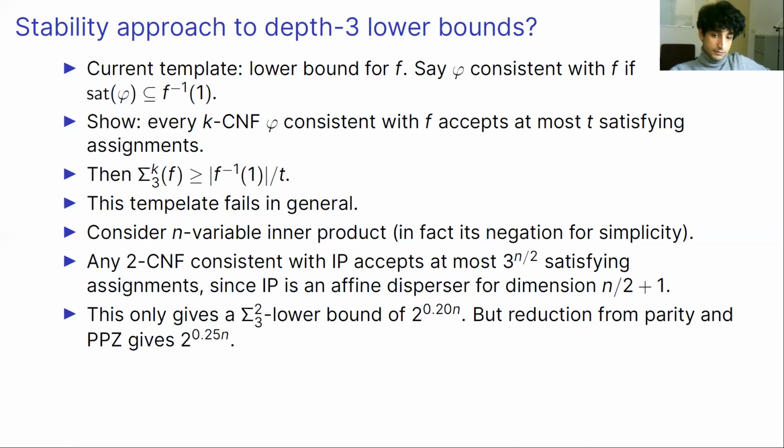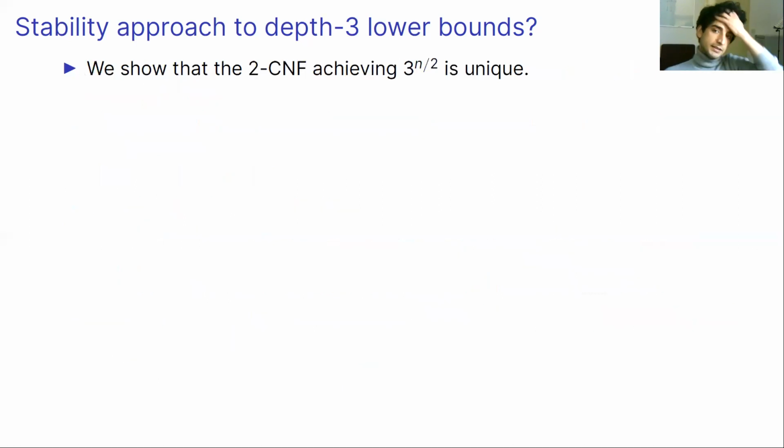So what's going on? It seems like maybe we need to show some form of structural limit, some structural restriction on certain 2 CNFs to understand these circuits. So what we show is that this 2 CNF, which is consistent with inner product and has the maximum number of satisfying assignments, is unique. So you should think of it as some kind of Turán type result.